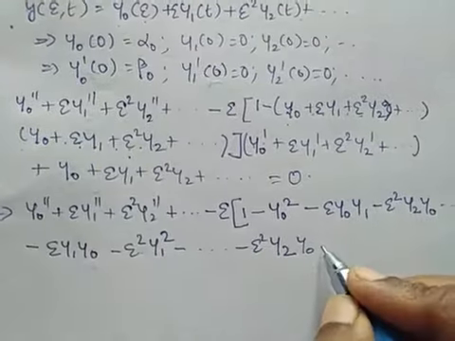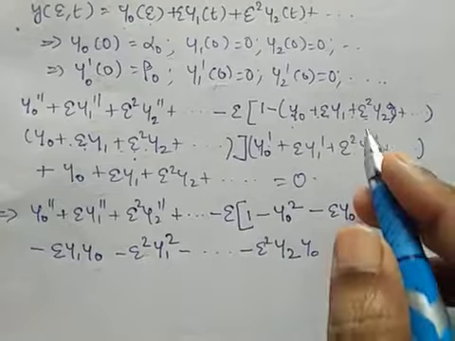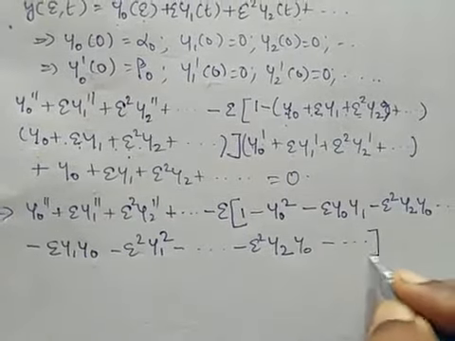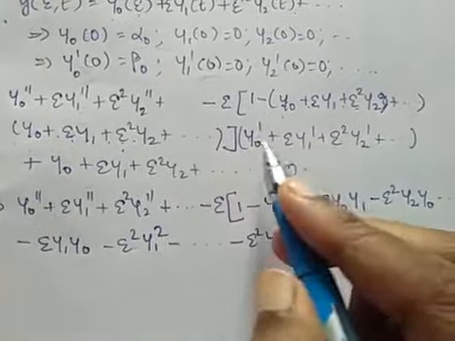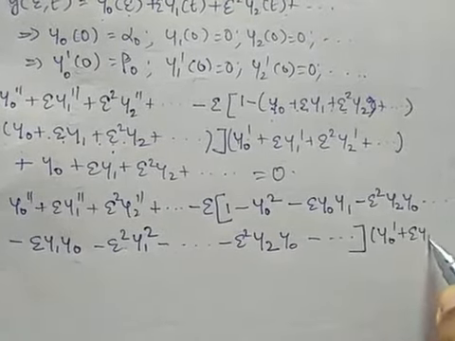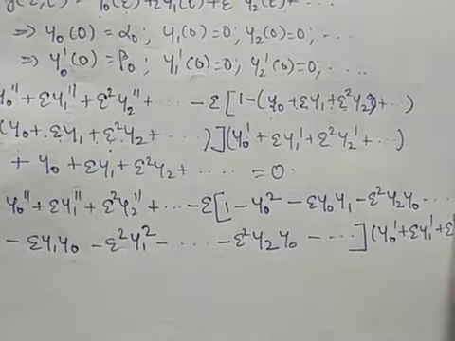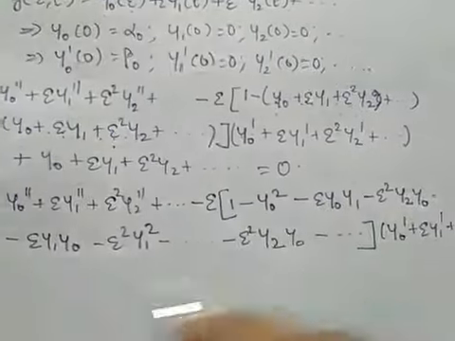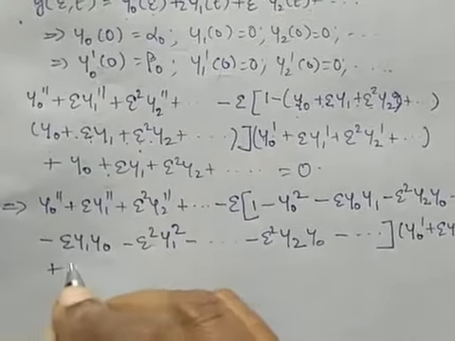So higher powers of epsilon we are neglecting because they are not required in our problem. This is multiplied with y0 dash plus epsilon y1 dash plus epsilon square y2 dash etc., and this y remains as it is.